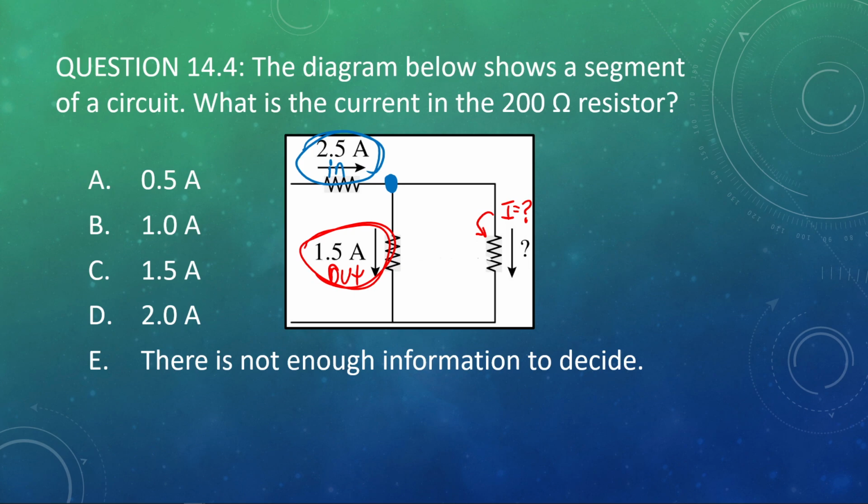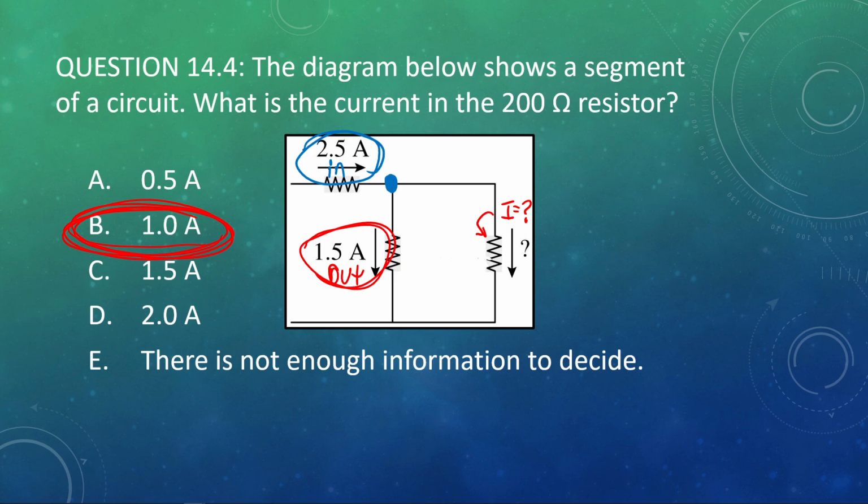Hopefully, you can do this mental math. 2.5 in, 1.5 out means we're missing 1 amp, which is in that resistor on the right-hand side, for a total of 2.5 amps. Not too bad, right? Conservation of current, in other words, Kirchhoff's junction law, is fairly straightforward for what it's worth. We do apply it to much more complicated things later on, but one step at a time.